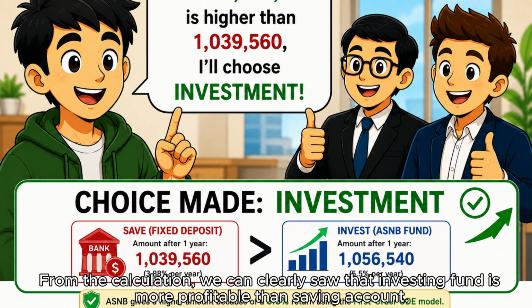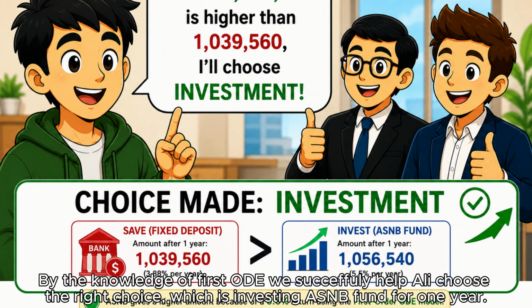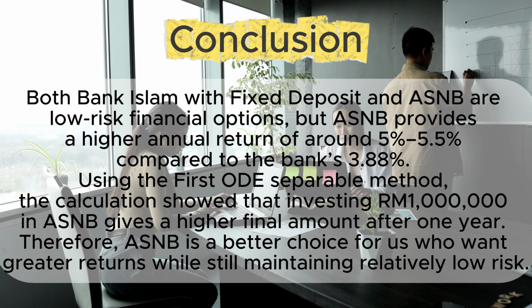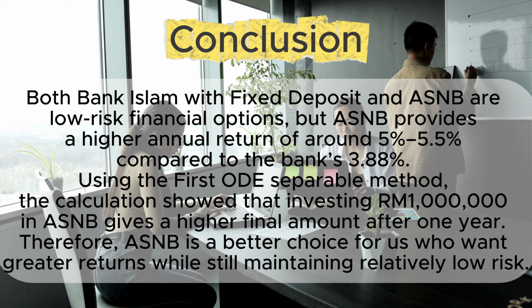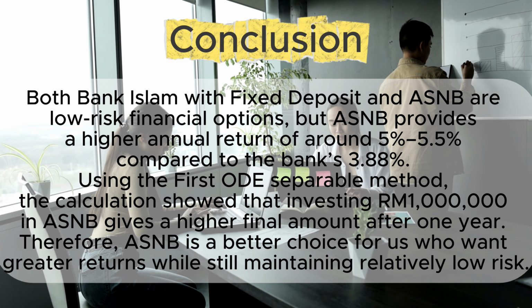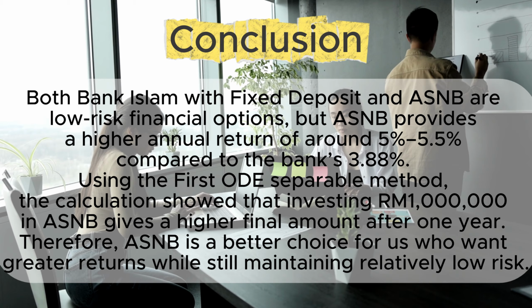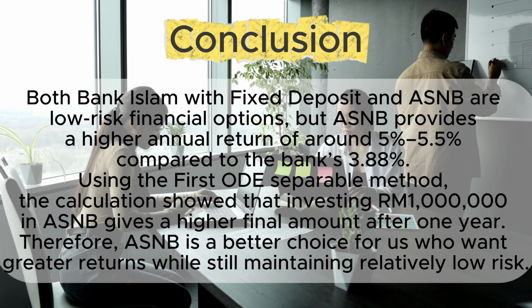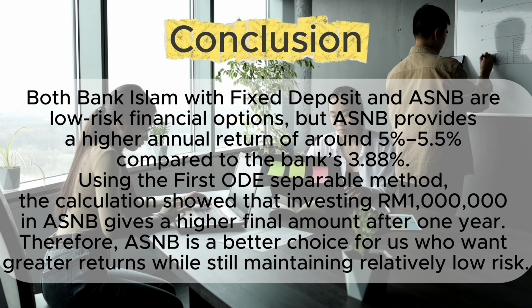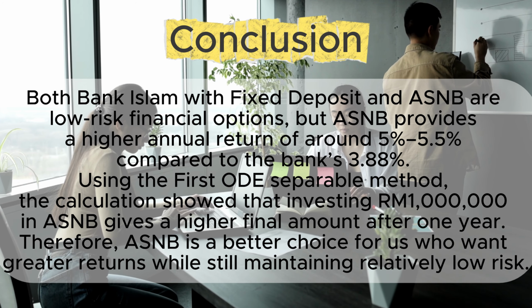From the calculation, we can clearly see that investing in the fund is more profitable than the saving account. By the knowledge of first order ODE, we successfully helped Ali choose the right choice, which is investing in the ASB fund for 1 year. As the conclusion, we can say that both Bank Islam fixed deposit and ASB are low-risk financial options, but ASB provides a higher annual return of around 5% to 5.5% compared to the bank's 3.88%.